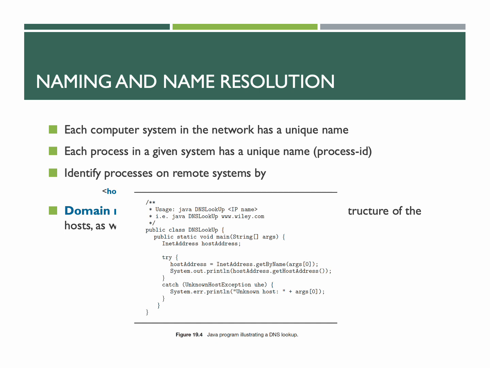But what happens when systems need to talk to each other across a network, like the internet? Now, that's where name resolution comes in. To communicate with a remote system, we need to identify it accurately. This is typically done using a host name, a readable name like www.google.com, instead of an IP address which is harder to remember.